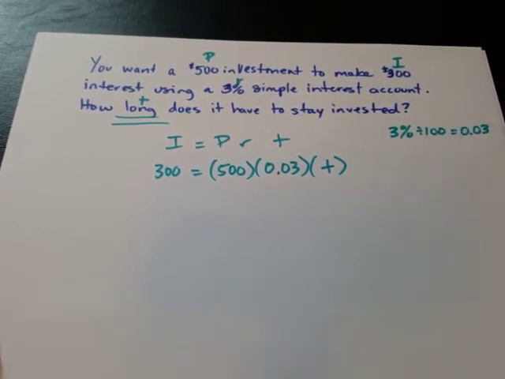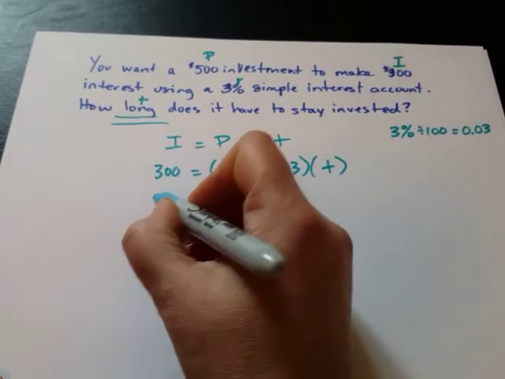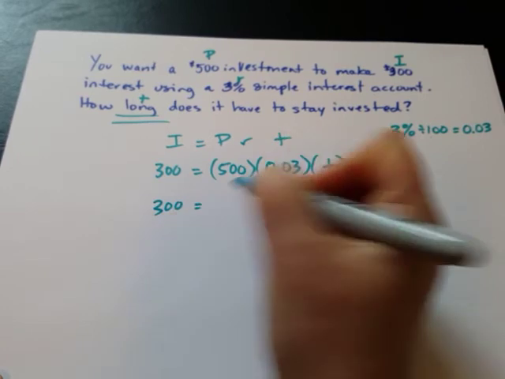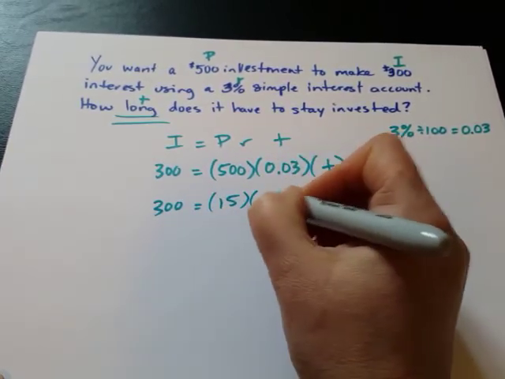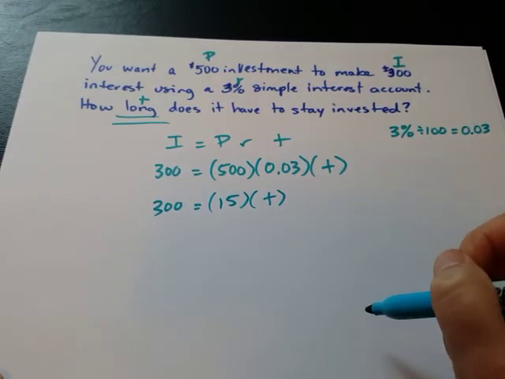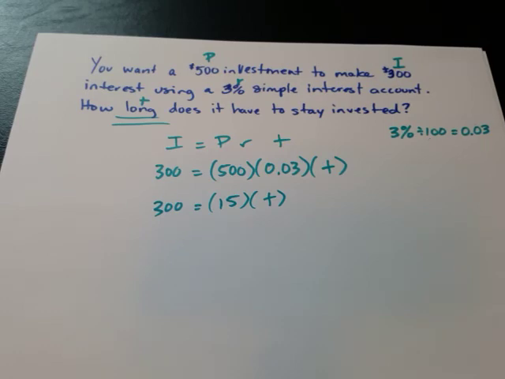Others, if that's not on the tip of your tongue, this divide by 100 will work every time. So we're going to multiply these together. And that t is still remaining for time. So that variable of years is what we're trying to solve for.